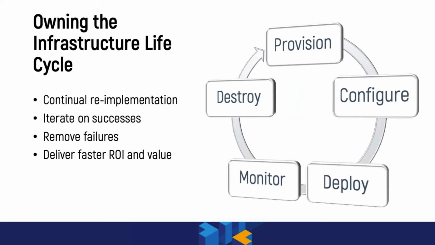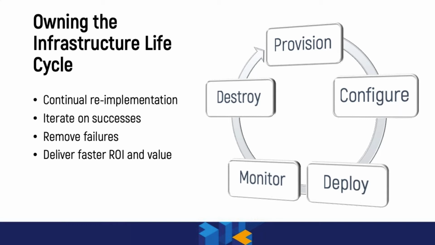We also, as part of the HashiStack, get to actually own the infrastructure lifecycle. The infrastructure lifecycle is something I've been talking about for a little while, but we need to be cognizant that whenever we are building a piece of infrastructure, if we go and put it into a server rack, or we go and install it via the AWS console, or if we go and install it via infrastructure as code, all of these things have a life cycle, and largely the infrastructure life cycle will be shorter than the life cycle of the data or the specific application that you're running.